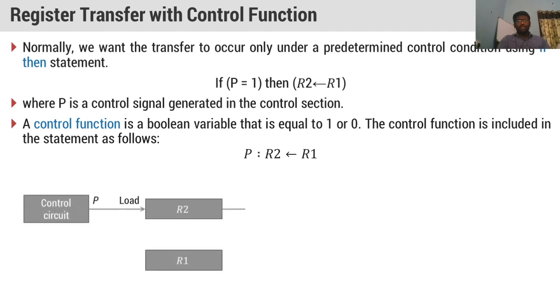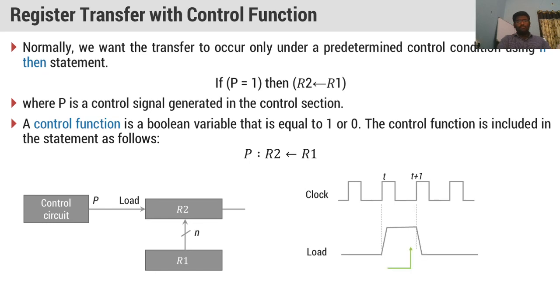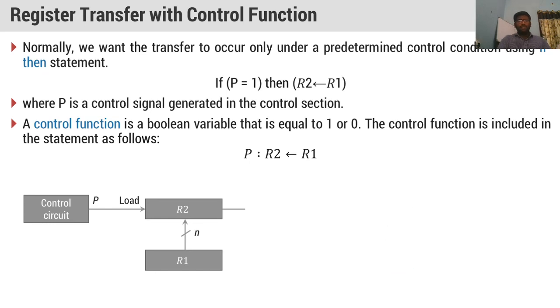You see here we are taking two registers again in the example to understand what is this load and what is this clock input. Everything we will understand. You see, we are going to give load here. Load is nothing but, whenever the control circuit sends 0, no load we are giving to the operation, so no data transfer will take place.